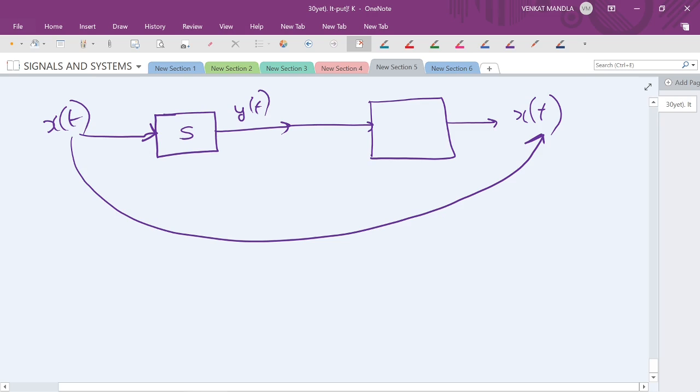Is it possible? If it is possible, this system is called S inverse, that is, the inverse system of S. So if it is possible, the inverse system exists for S. If it is not possible, the inverse system doesn't exist for S. So if it is possible for me to get x of t from y of t, then the system is called invertible.